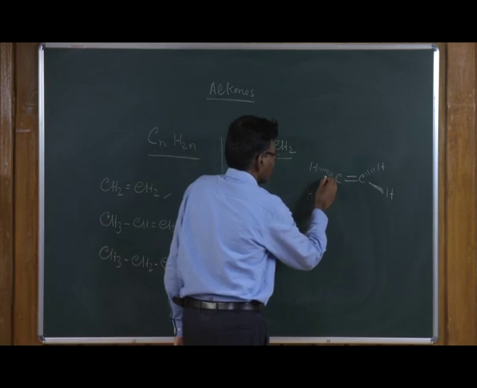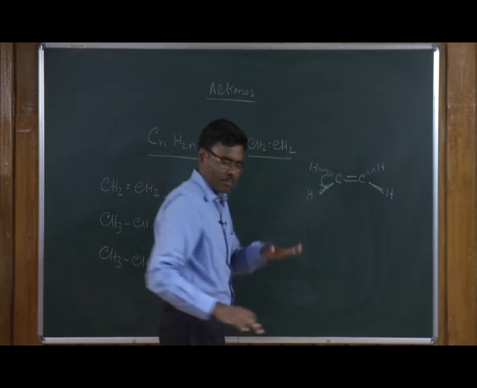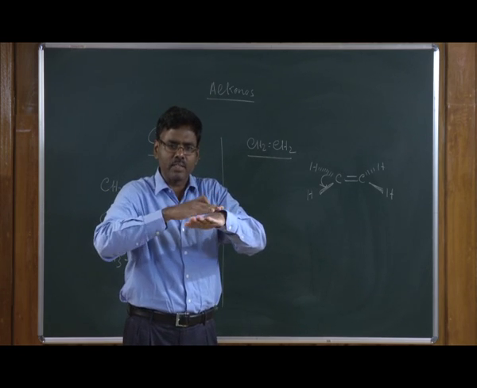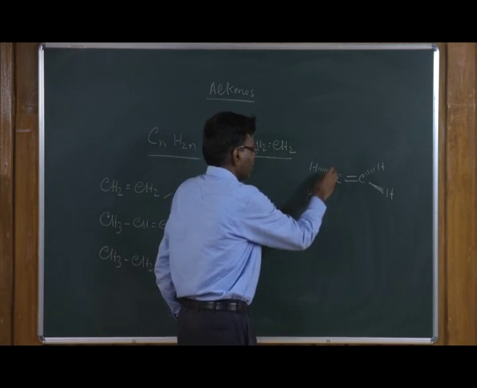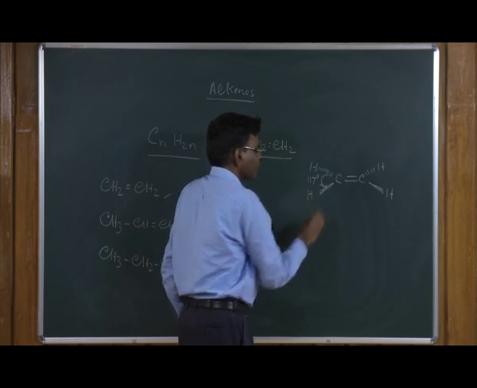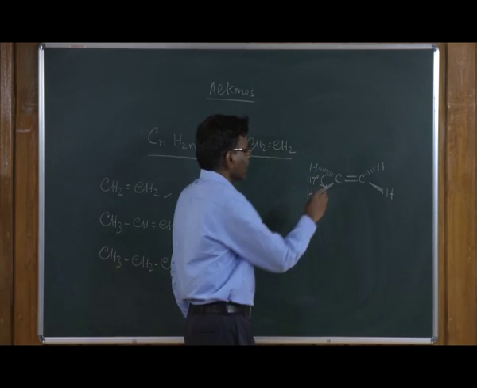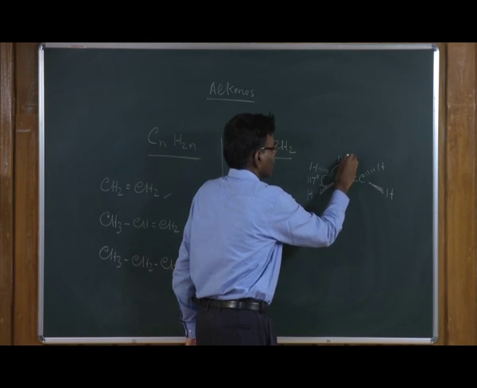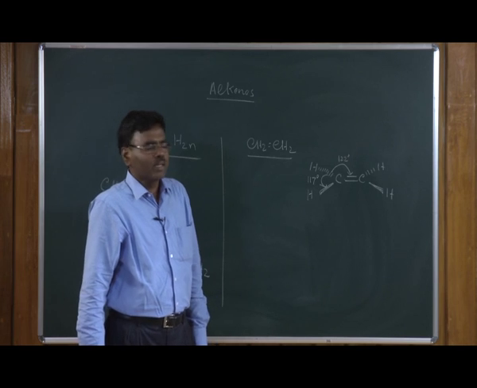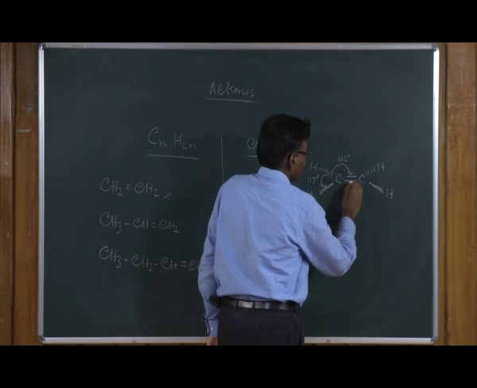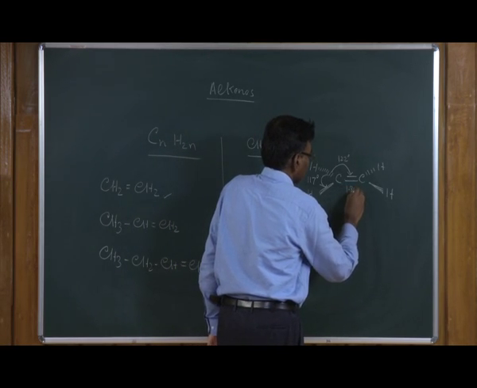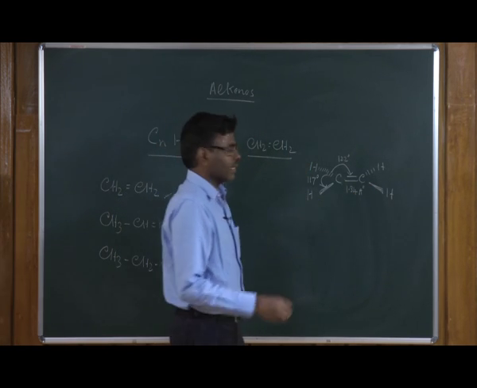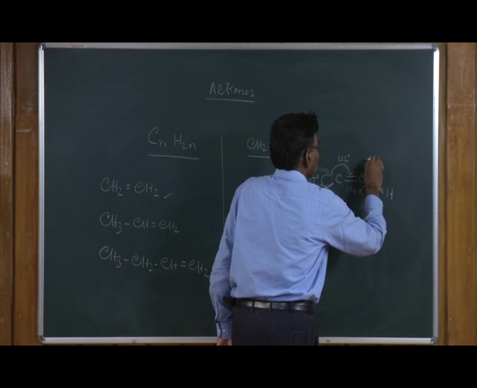It is a planar molecule, and the 2 carbon atoms and the 4 hydrogens are on the same plane. The bond angle between the 2 CH bonds is 117 degree. The bond angle between this CH bond and the carbon-carbon double bond is about 122 degree. The bond length between the carbon-carbon bond is 1.34 Angstrom. The CH bond length is 1.09 Angstrom.